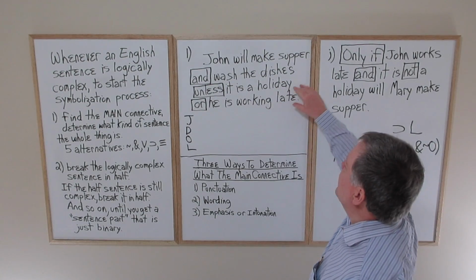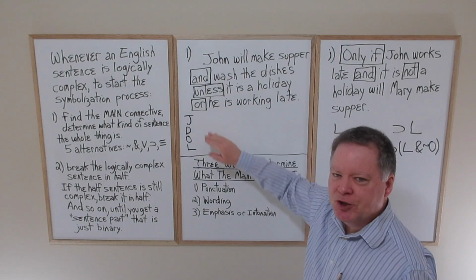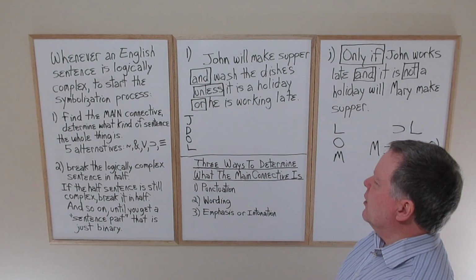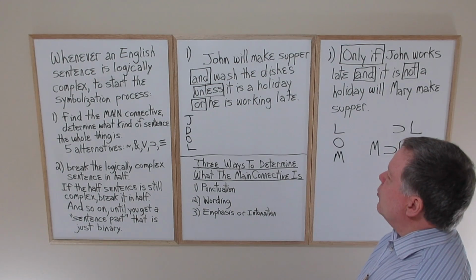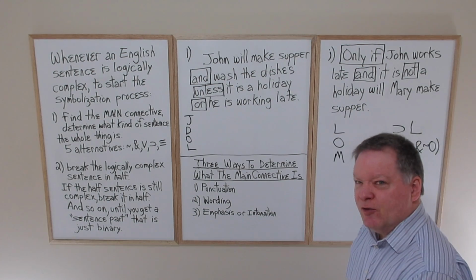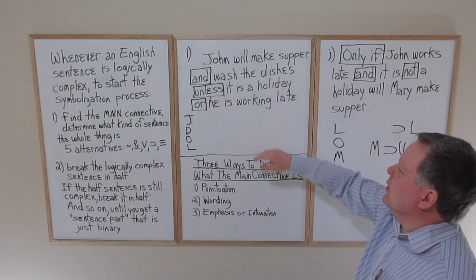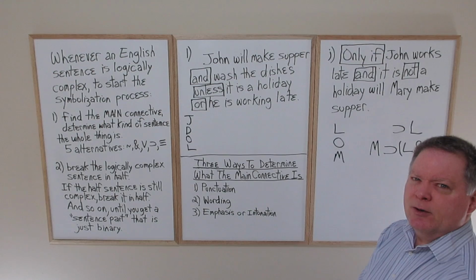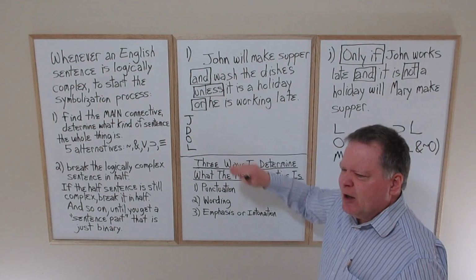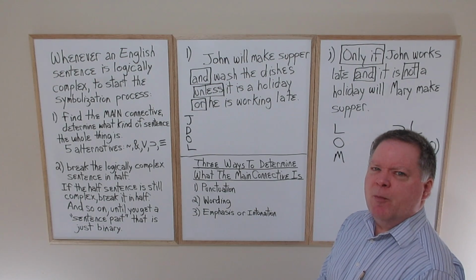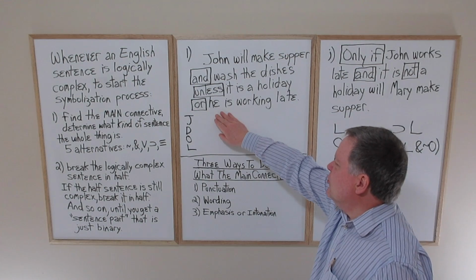Let's skip over the unless and consider maybe it's a big disjunction where the left disjunct is kind of a long one. John will make supper and wash the dishes unless it is a holiday. The other disjunct, he is working late. This one seems a lot more to make sense, but it's not a disjunction.